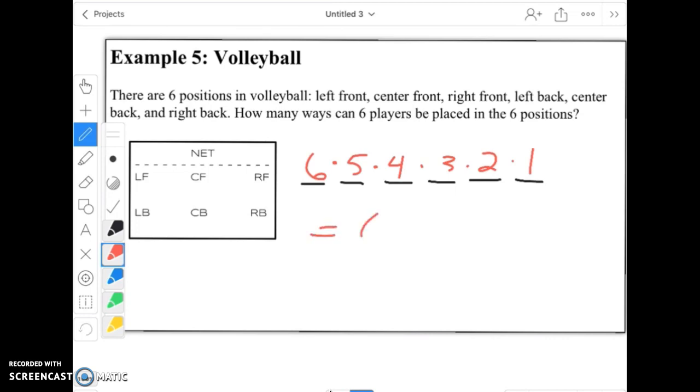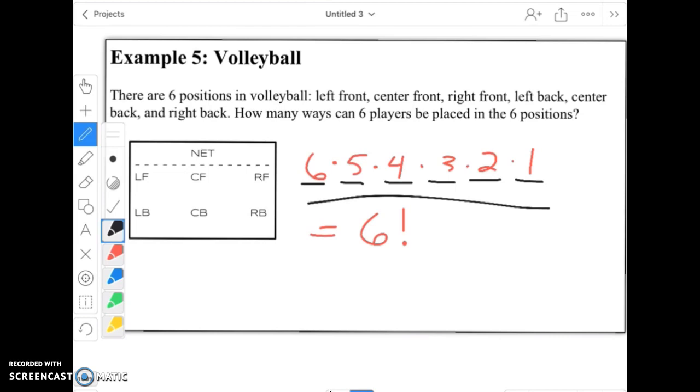This would be the same as 6 factorial. Factorial is this exclamation mark, which just means you are multiplying by each number one less, all the way down to 1.